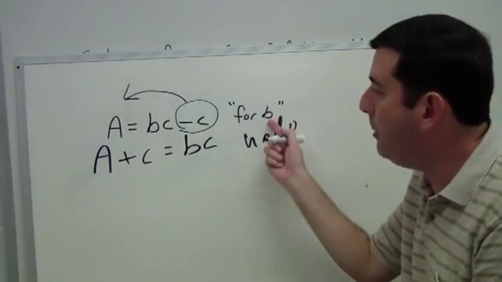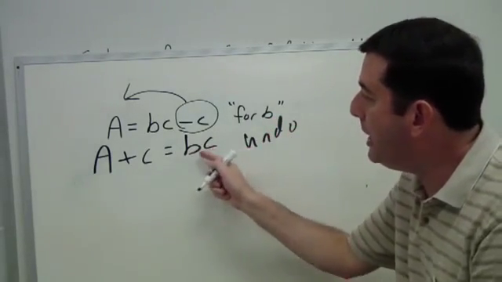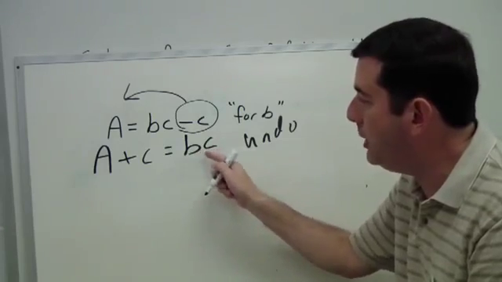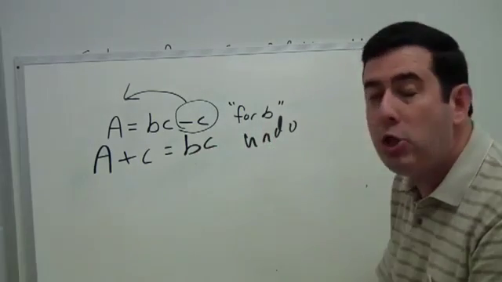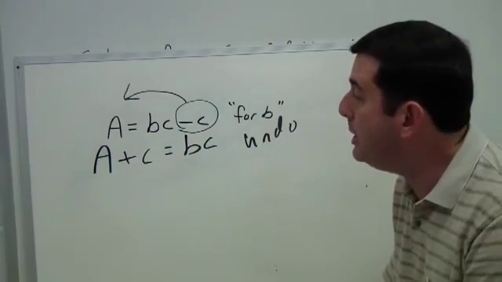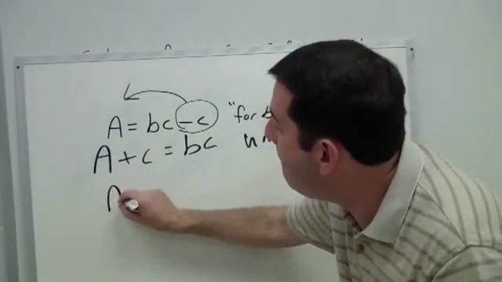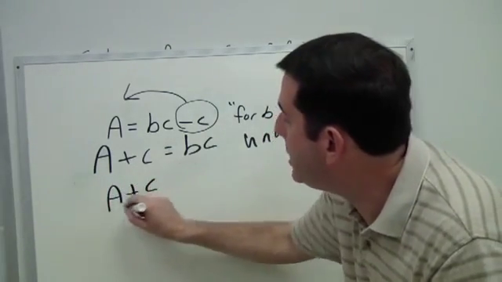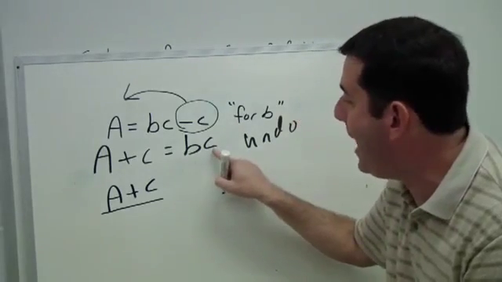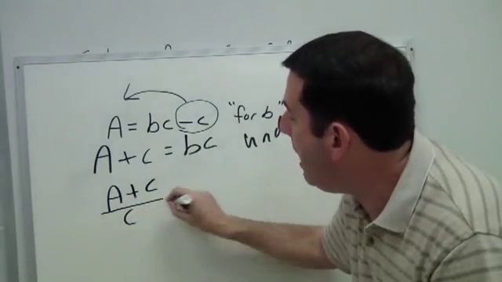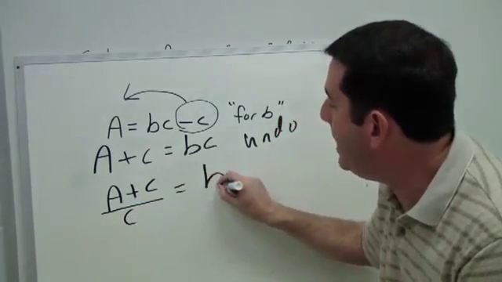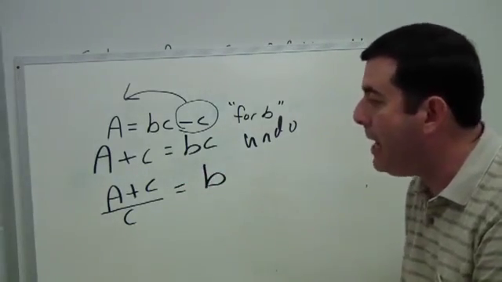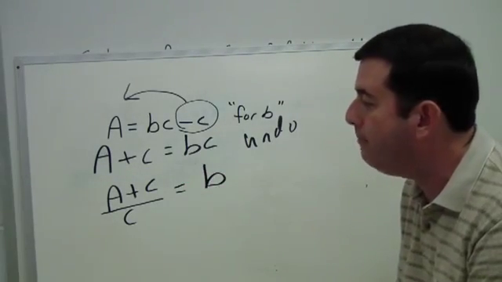We want just a B. So I still need to get rid of the multiplication that's happening here. The way to undo multiplication is to divide. Everything here must be divided by that C. So when everybody gets divided, now I've got B isolated on one side.